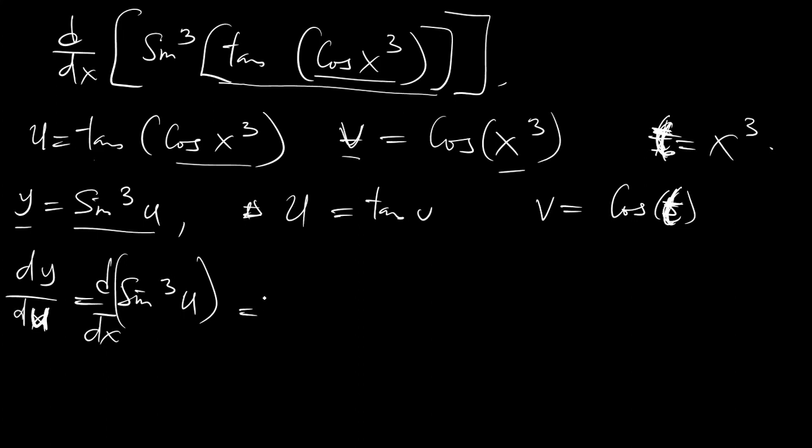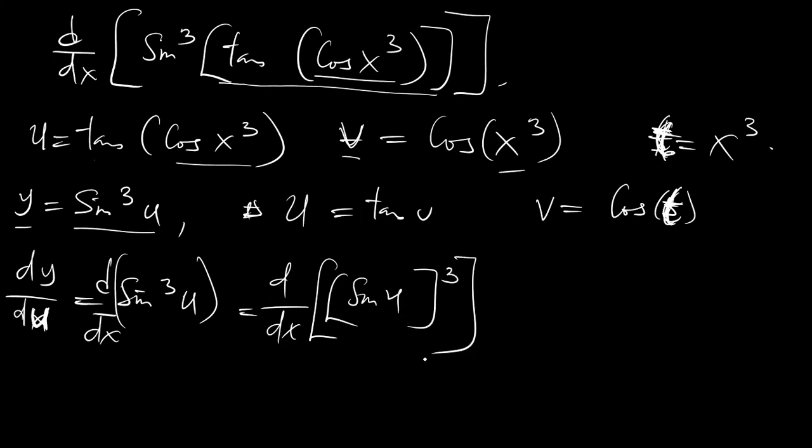This is the same thing as saying the derivative of sin u into 3. If we do the derivative of this, we use the power rule: you have 3 sin squared u, then the derivative of the one inside, which is cos u. So the whole of this is the derivative of y with respect to u.